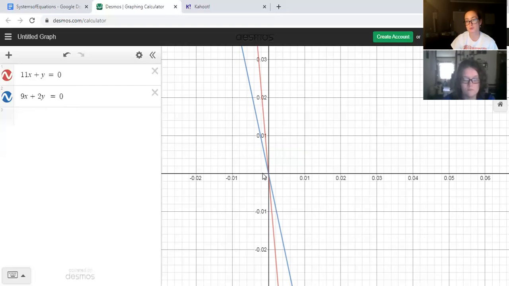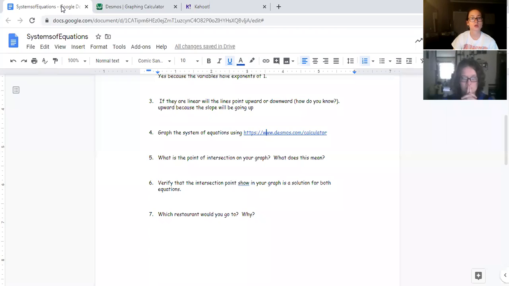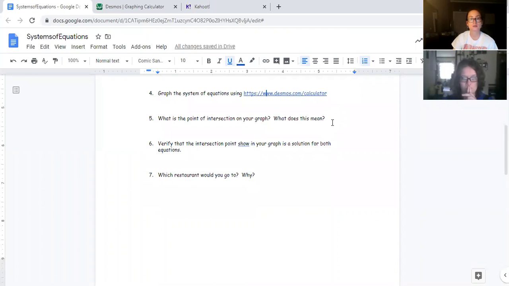It would be 0. And that's what that point right there is, the 0, 0. It's basically saying if you have 0 of both things, the cost is going to be exactly the same. Does that make sense? Yeah. Okay. So the point of the intersection is just the point that works in both equations.